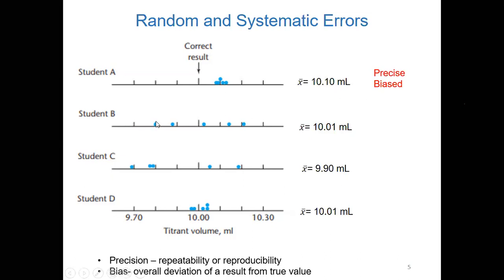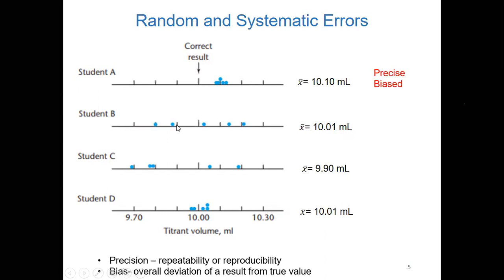And if we talk about student B, the mean value of student B's result is 10.01. You can see all the results are all over the place. It is not like student A's result.